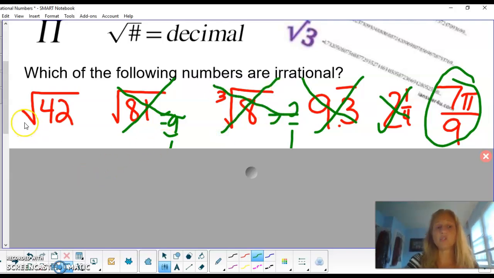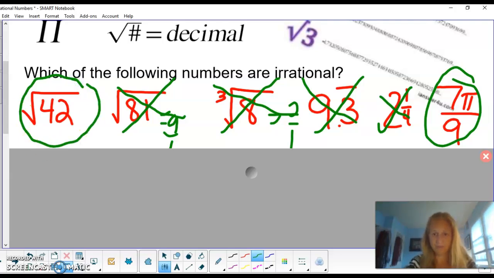But when I put the square root of 42 in there, I get 6 point something, something, something, and it goes on and on and on without repeating, without ending. It fills up the whole screen of the calculator. So that means it's equal to a decimal, so that is irrational. Okay? So irrational: pi, and a radical sign equal to a decimal. That's how you figure it out.